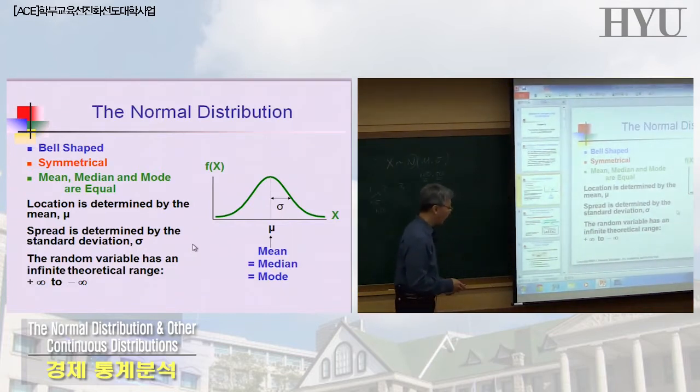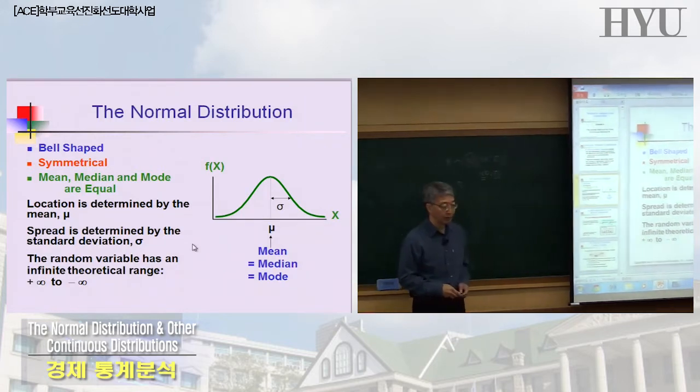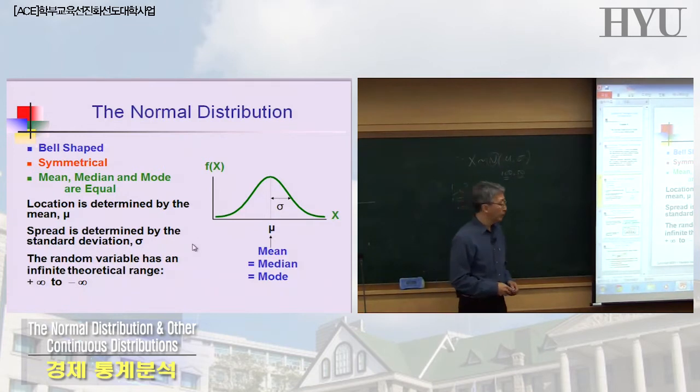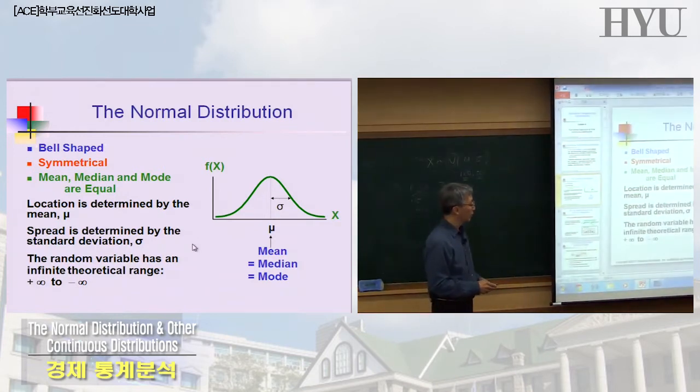A random variable which is normally distributed has an infinite theoretical range, from negative infinity to positive infinity. What that means is when you draw this curve to indicate the normal distribution, you should make sure that the end never touches the ground.